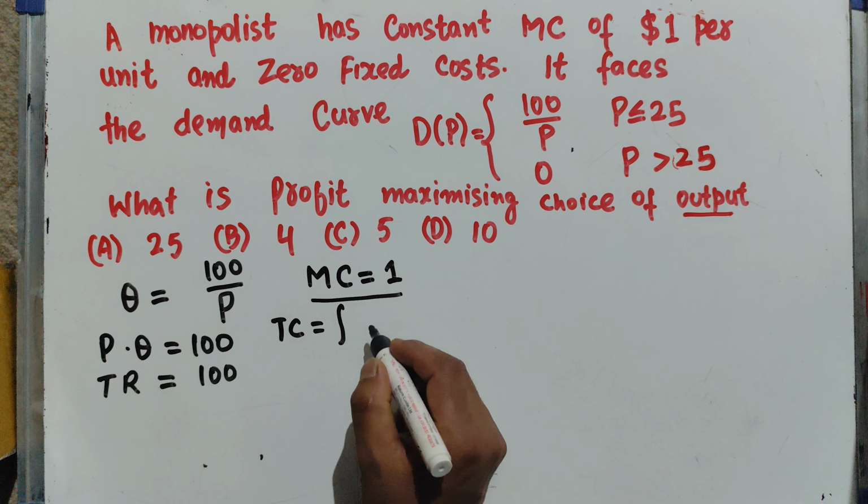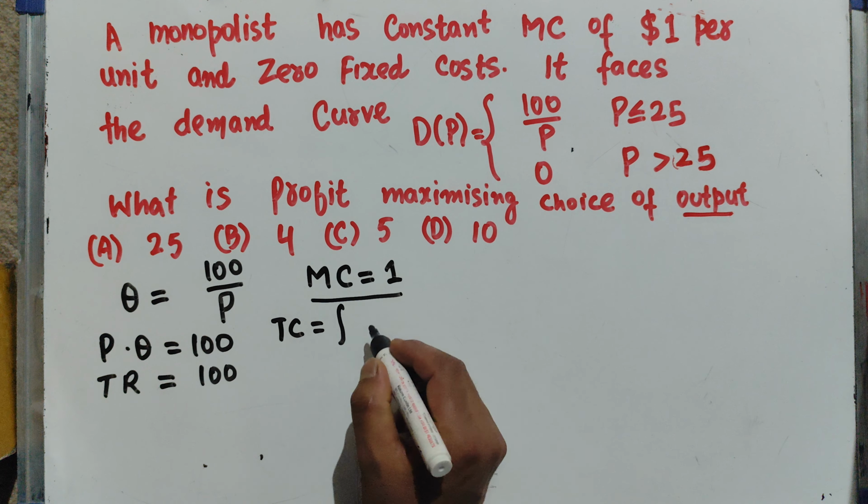Having said that, we know that profit of a monopolist will be equal to the total revenue minus the total cost. Now profit will be equal to, what is total revenue? Total revenue is constant, which is 100 here, minus the total cost, q.